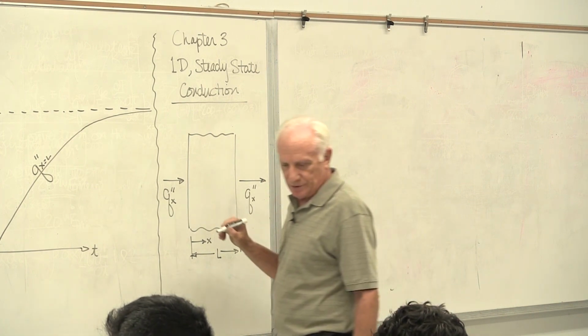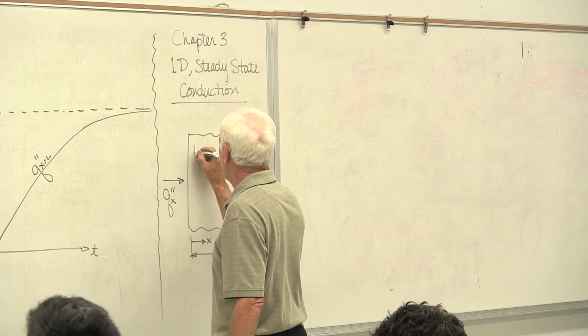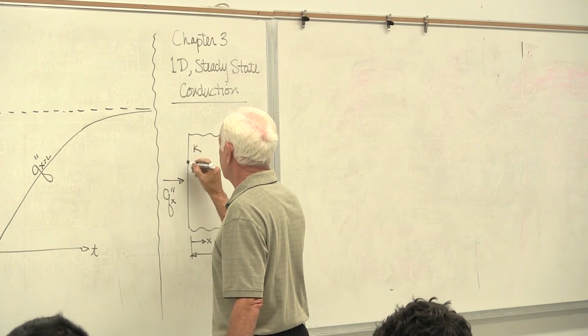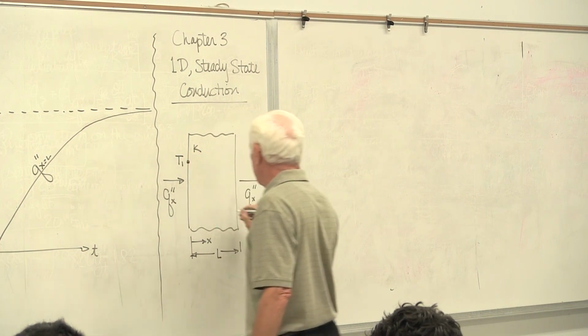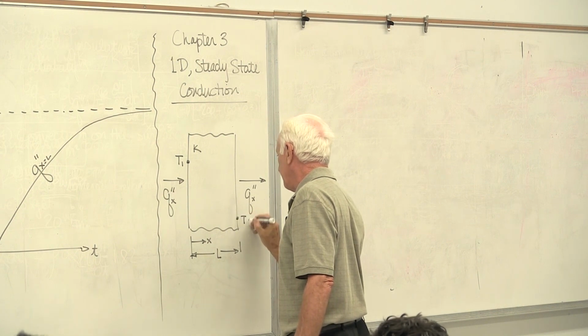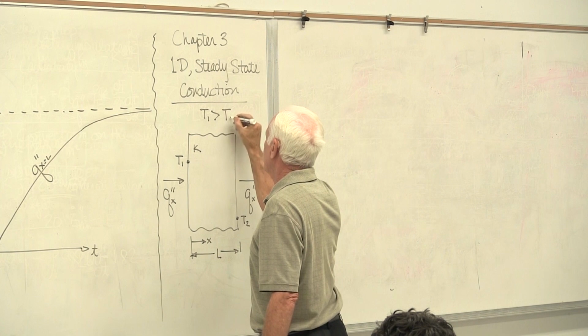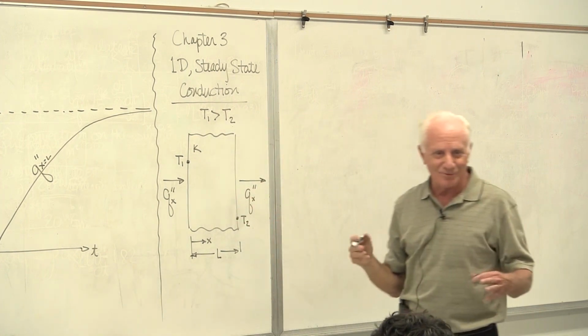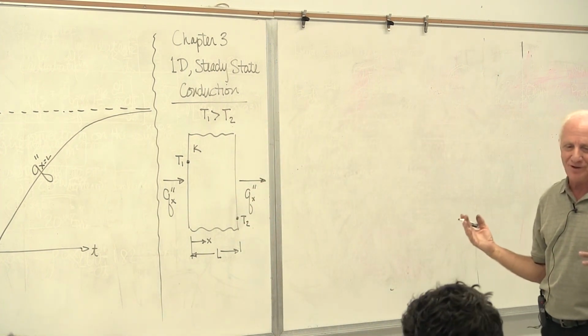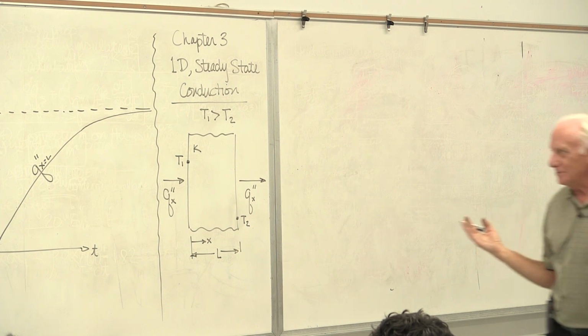The wall has thermal conductivity k. We're going to assume that T1 on the left is greater than T2 on the right. You can work it in reverse and get the same answers. It doesn't matter which one you call hot and cold. We'll just say T1 is greater than T2.